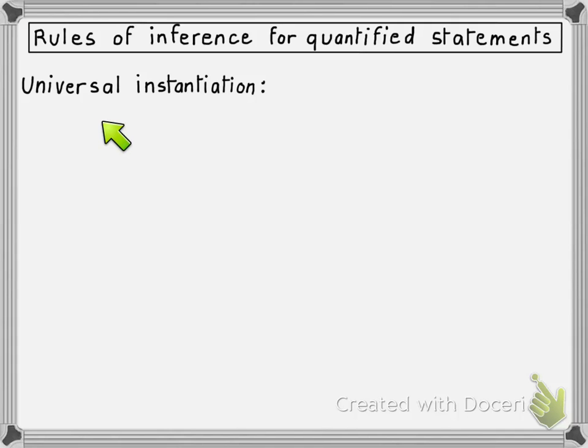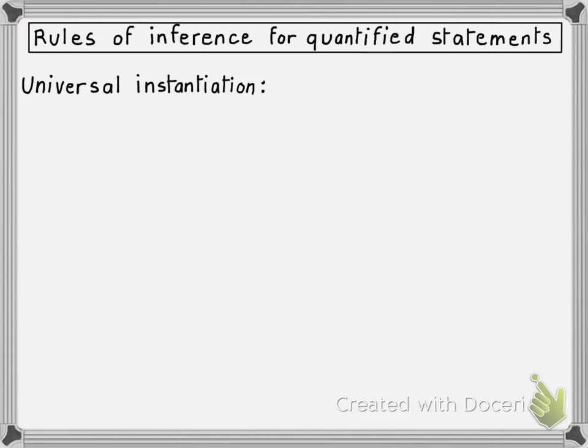First of all, it's going to involve the universal quantifier. And by instantiation, we mean going from the general to the specific, to the instance. So this is going to be a rule that allows us to start with a universal quantifier and then to drop it to make a specific inference from a general statement.